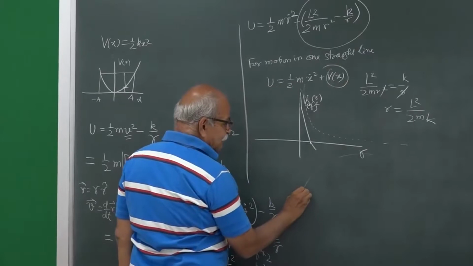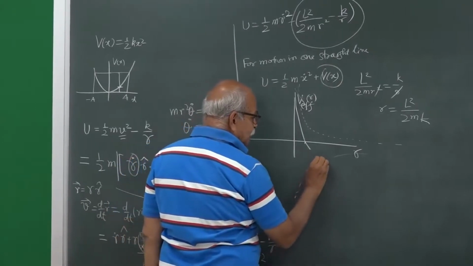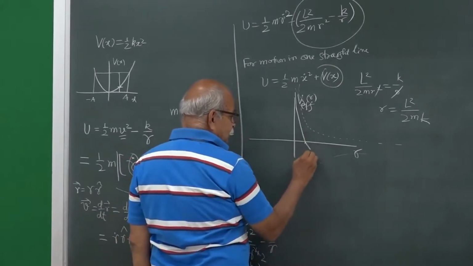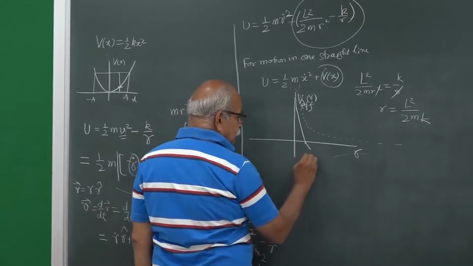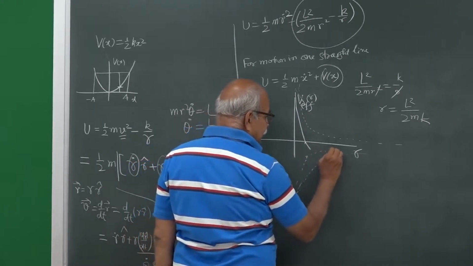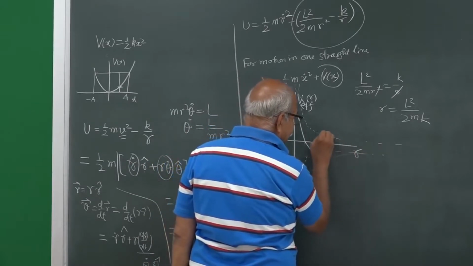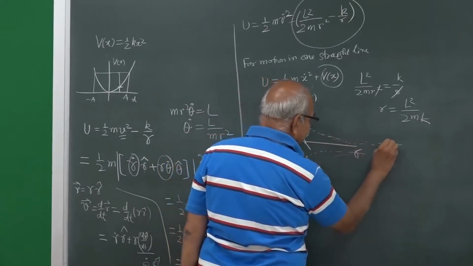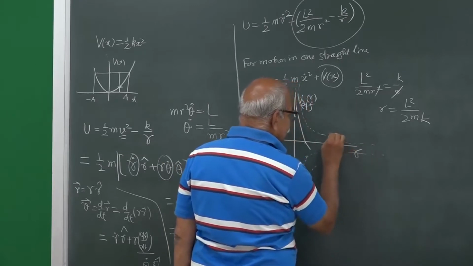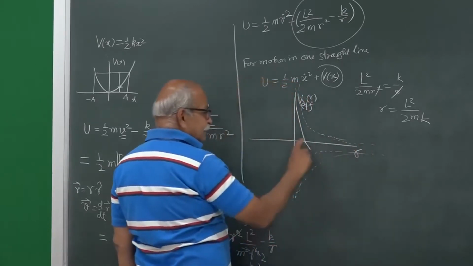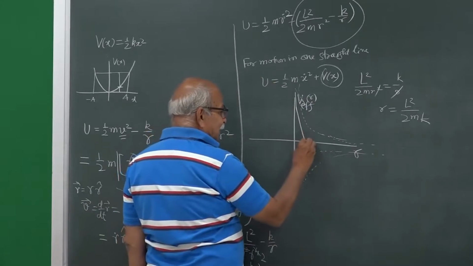Minus k by r will be of this type. Here they are equal, and therefore, it will come like this.